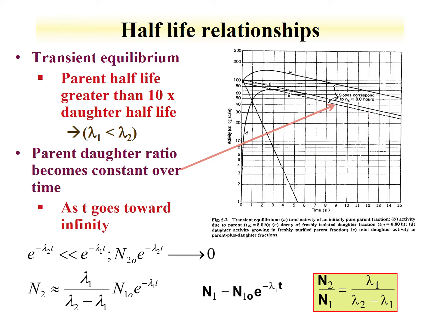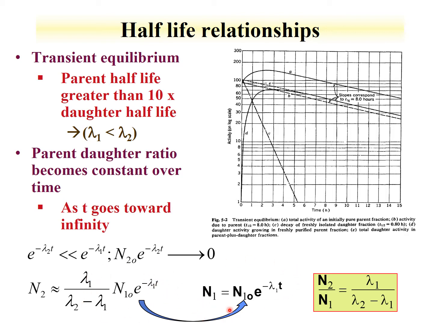And as t goes to infinity, this term goes towards 0. And we can collapse the equation so that the number of daughter atoms is approximately equal to the decay constant of the parent divided by the difference between the decay constant of the daughter and the decay constant of the parent, times the initial amount of the parent, e to the minus lambda t, the decay of the parent.